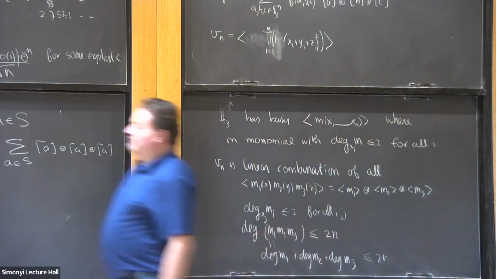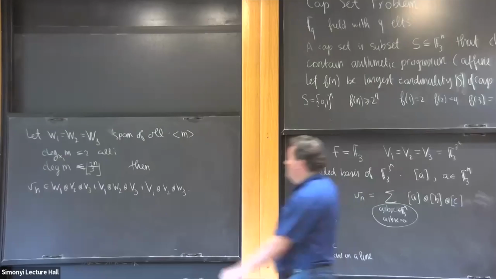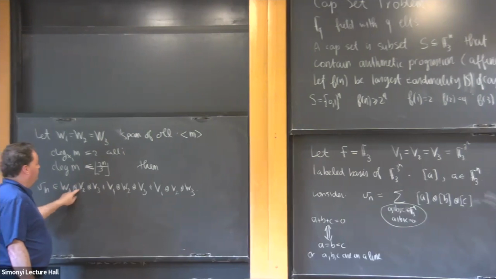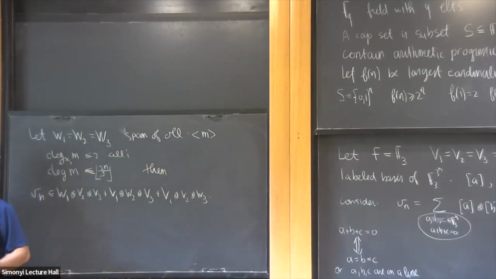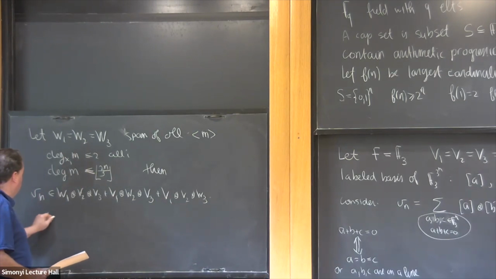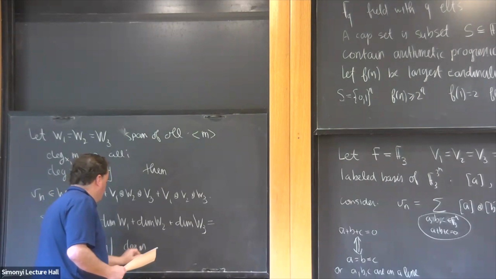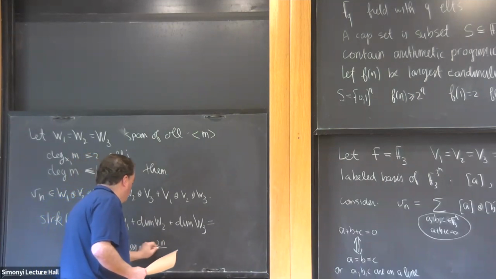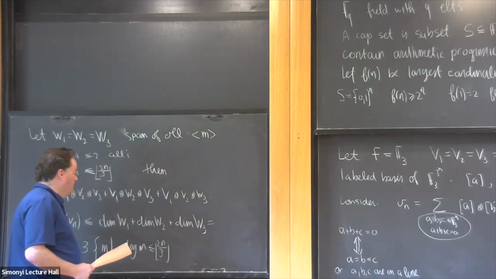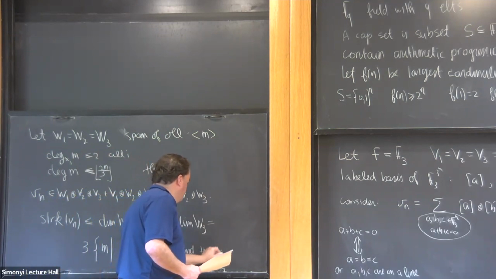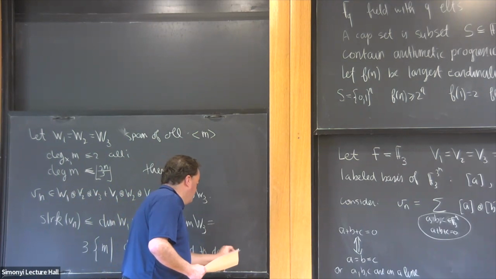So every monomial that appears in Vn lies in one of these three spaces. And so we see that the slice rank of Vn is at most the number of monomials of degree at most 2n/3, with degree in each xi at most 2.